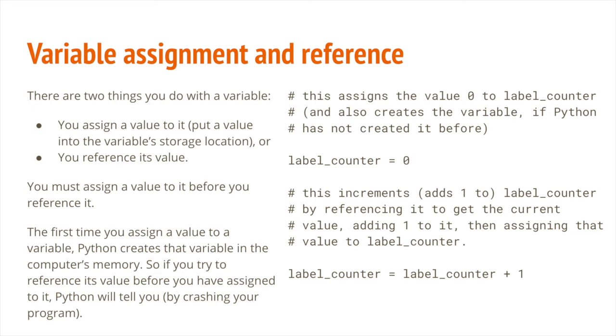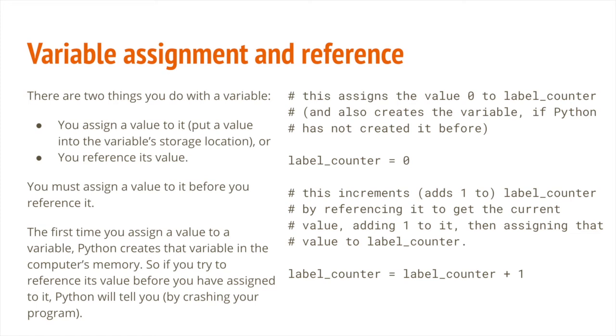So if you try to reference its value before you have assigned to it, Python won't find the variable, and so it will tell you. And the way it'll tell you is usually by crashing your program, so it's a pretty clear indicator.